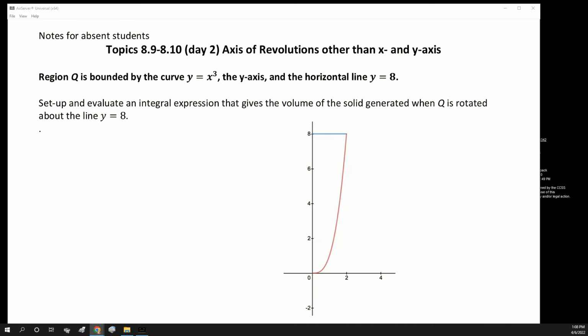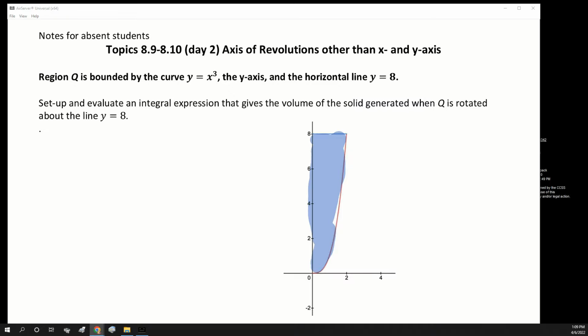For example, on this first one, we have this region Q that is bounded by the curve y equals x cubed, the y-axis, and the horizontal line y equals 8. We're going to set up and evaluate an expression that gives the volume of the solid generated when Q is rotated about the line y equals 8.